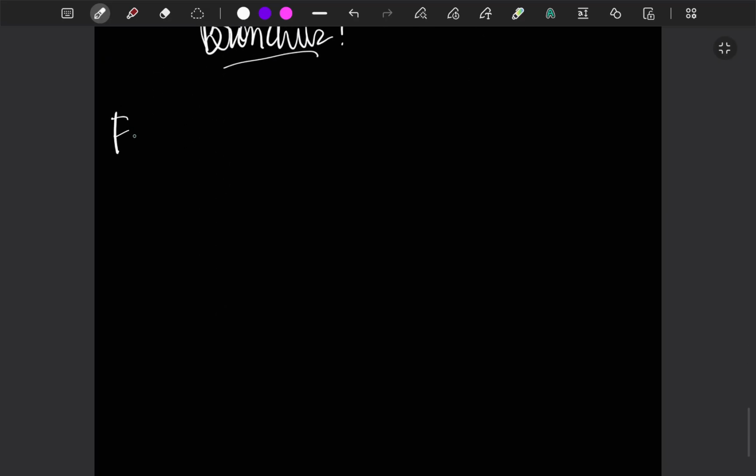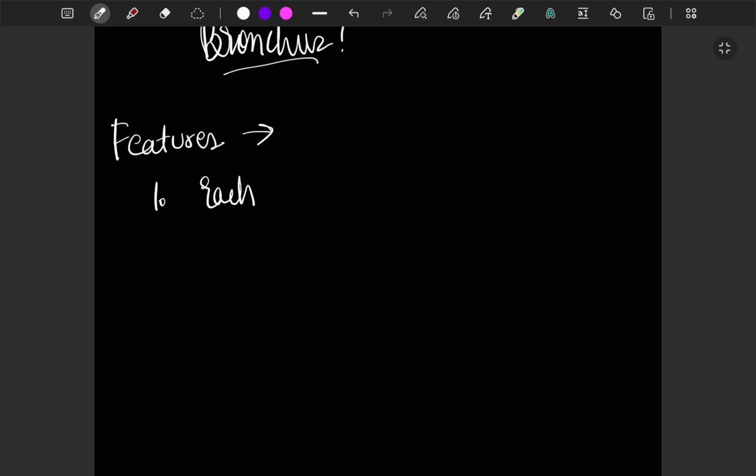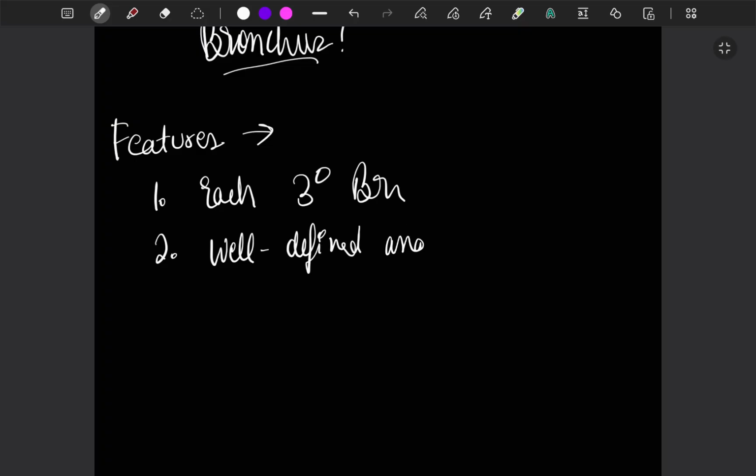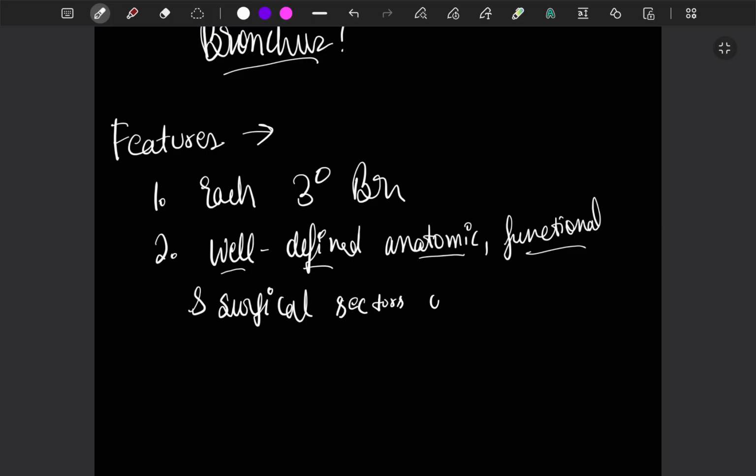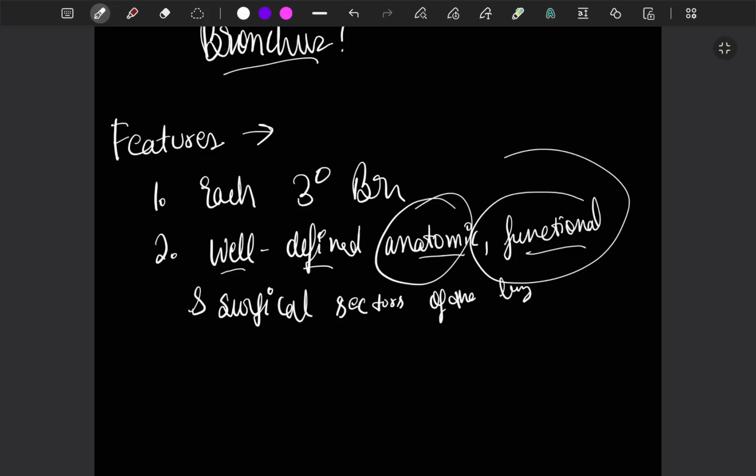Okay, now features are very important. First of all, like in the definition, each segment is aerated by a tertiary bronchus. Then second, they are pyramidal. They are well defined anatomic, functional, and surgical sectors of the lung.